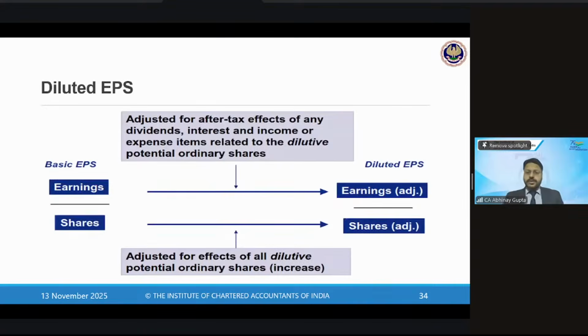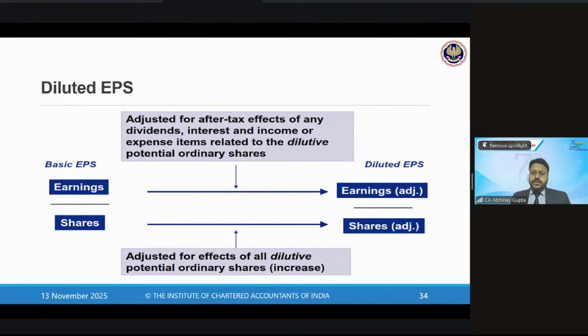Diluted earning per share, right? What we have understood in our previous session is that diluted earning per share is the earning per share post adjustment of the potential ordinary shares. Any instruments which are in the nature of convertible into equity shares at some future date, we need to adjust those instruments.